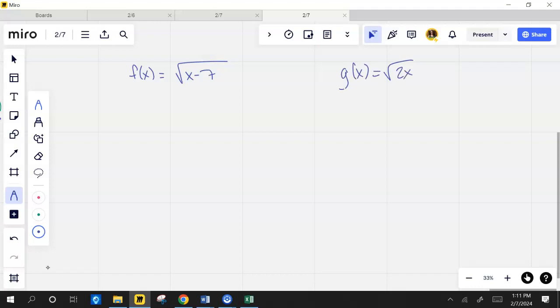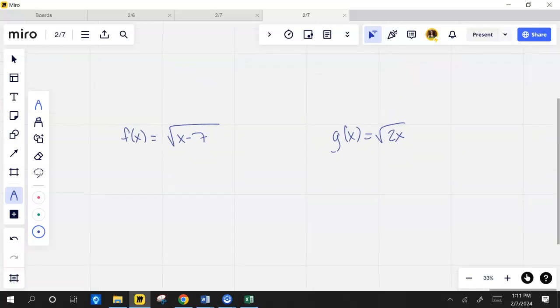What's the domain of the first one? 7 to infinity. You can think about it graphically, as the parent graph at the origin that I just moved right 7. Or you can think about it as this has got to stay greater than or equal to 0. So my domain here is 7 to infinity.